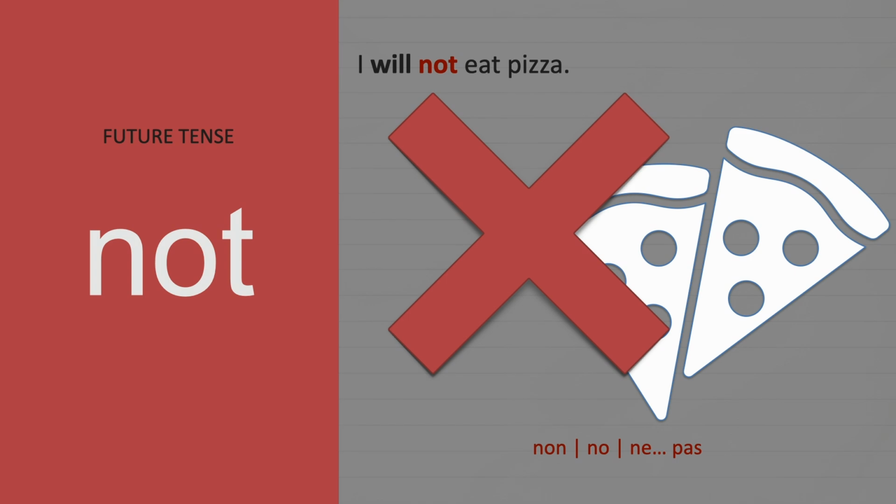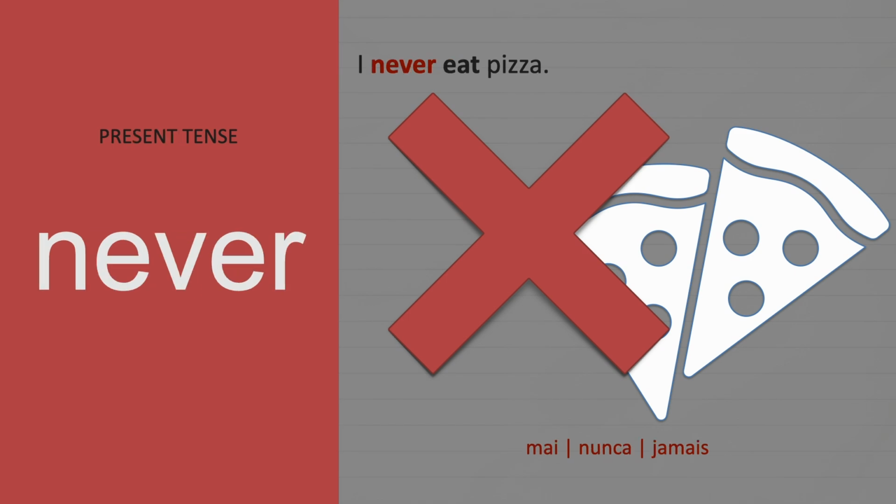How about this one? I never eat pizza. How would you say this in the past tense? I never ate pizza.